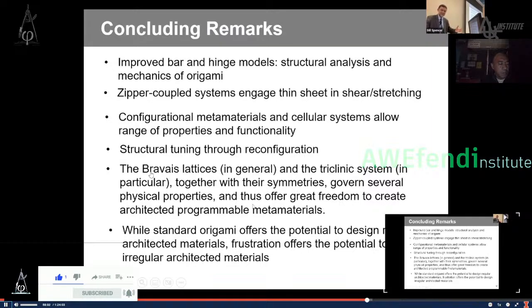The triclinic system seems very interesting to do architected programmable materials. And also something that points to the future for us is that origami has a lot of regularity, allowing us to look at architected ordered materials, but also we can restart the ordering and look at the irregular architected materials. That's the summary of what we have seen today.